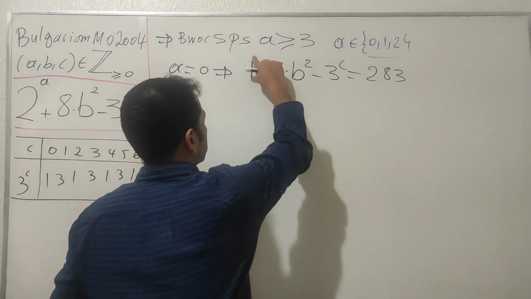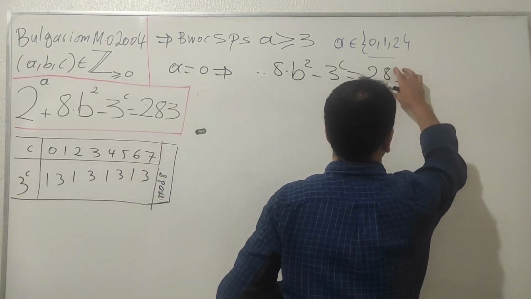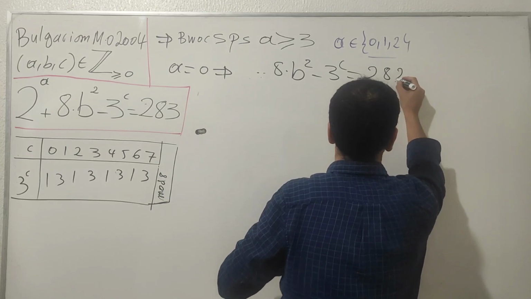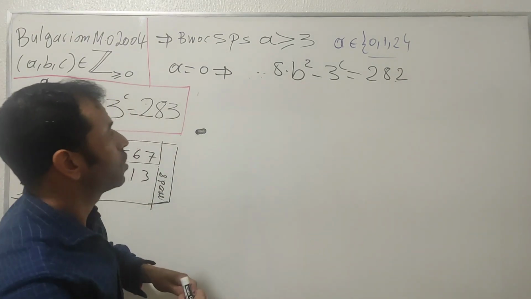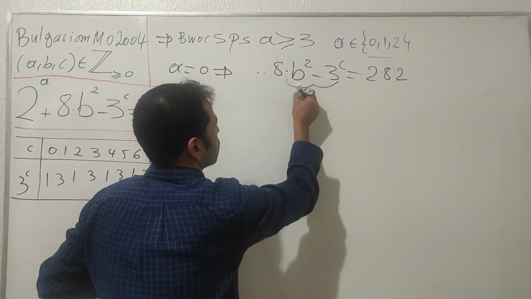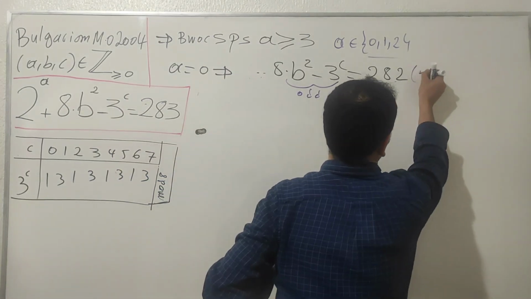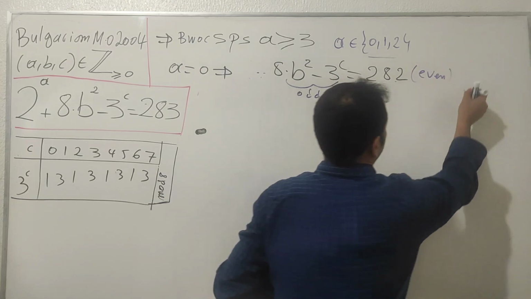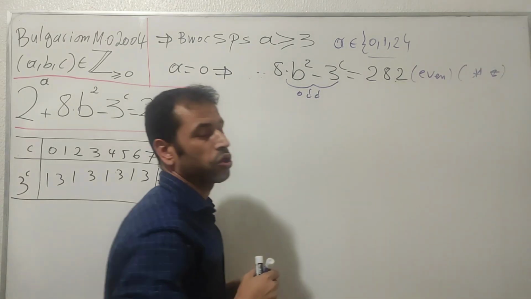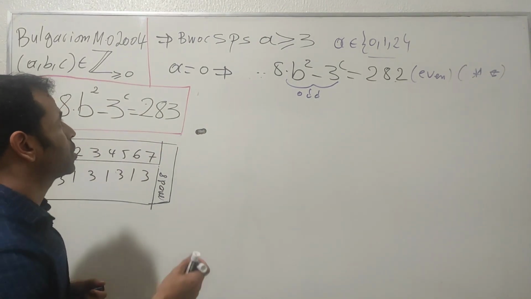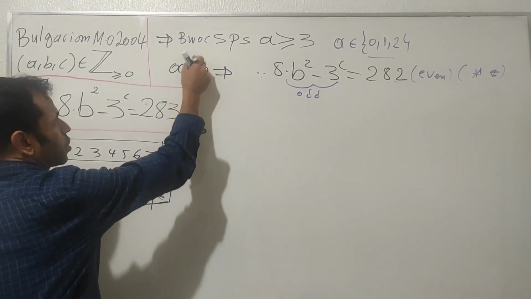I will be left with 282. Now if you take a look at the left-hand side of this equation, this is odd, but this one is even. It's impossible. It's a contradiction. So this case, a equals 0, doesn't work.